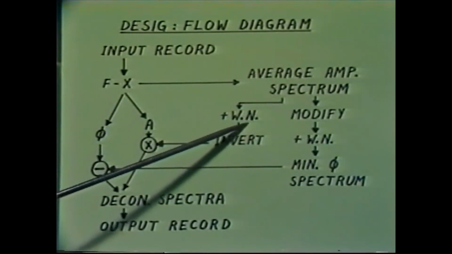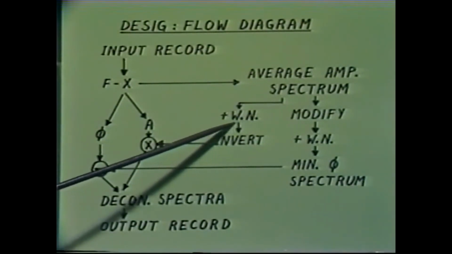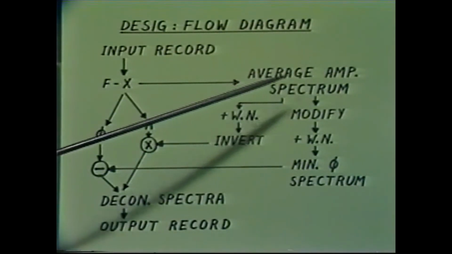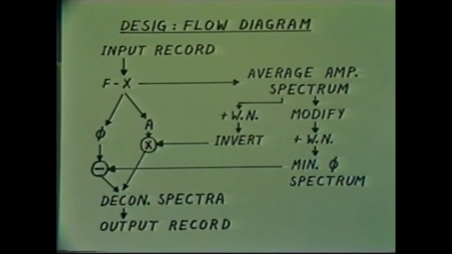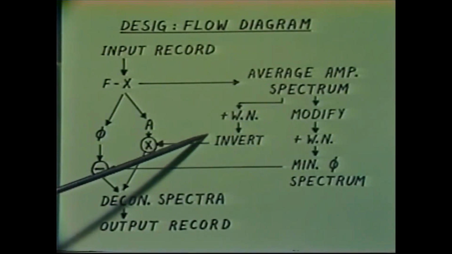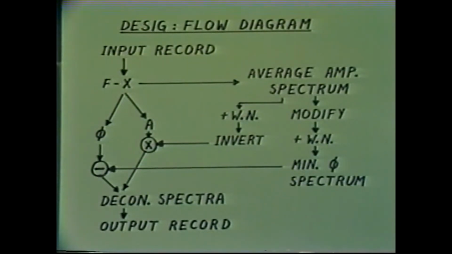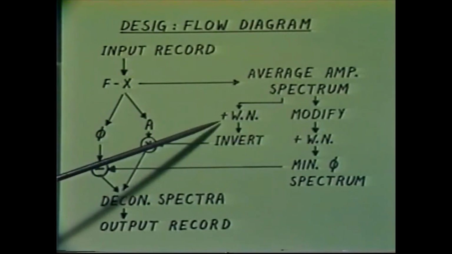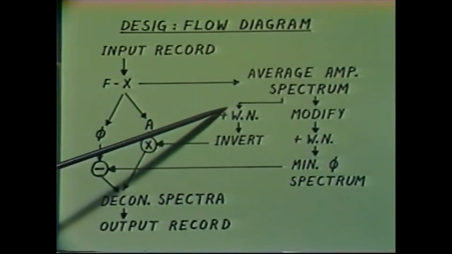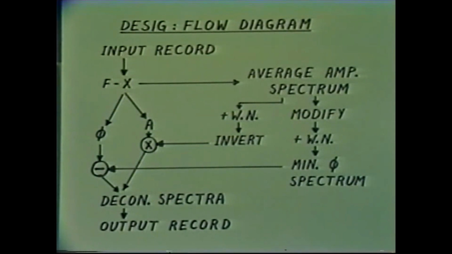This white noise addition is done mainly to ensure that we do not have zero amplitude at any point on the spectrum, because if we did, then we'd effectively be dividing by zero at some point in the inversion, resulting in a blow-up or failure of the filter design. So white noise is mainly a mathematical safeguard to ensure that we don't try to divide by zero at any point.